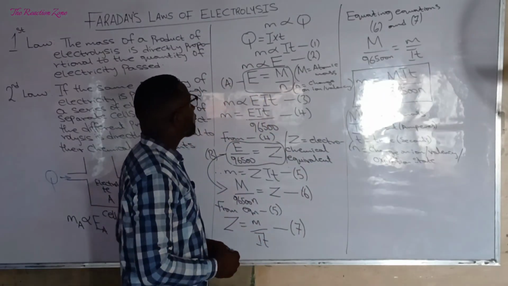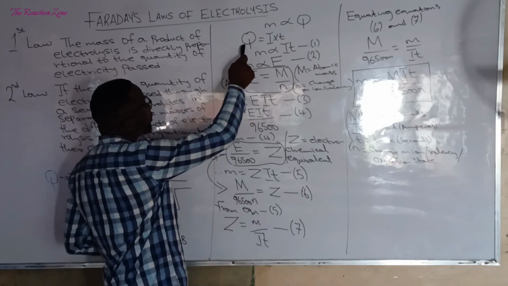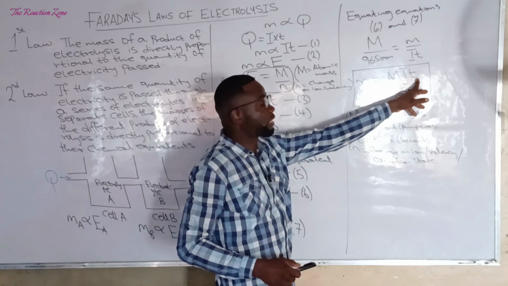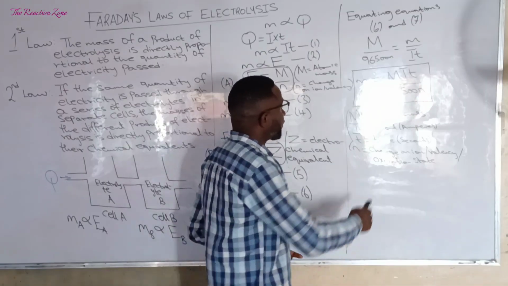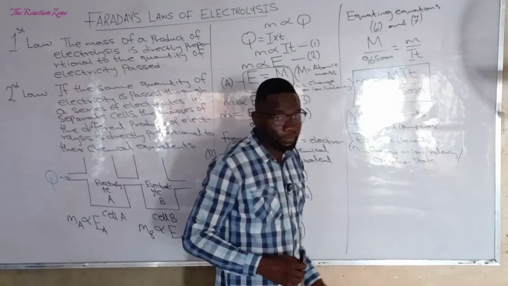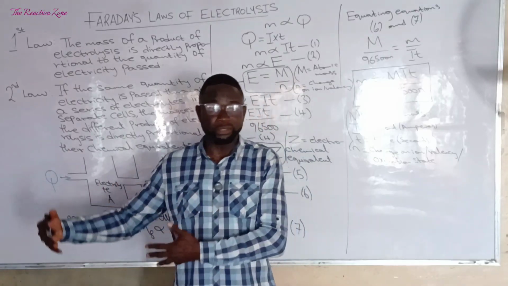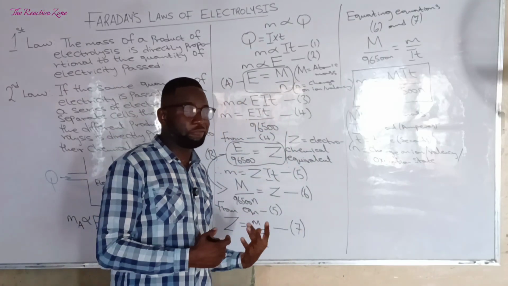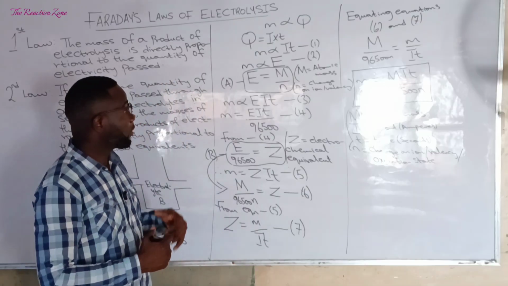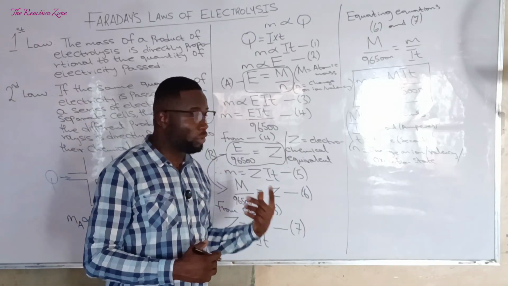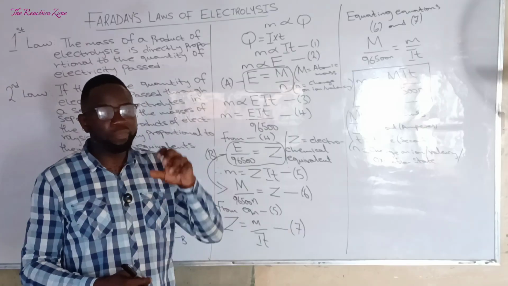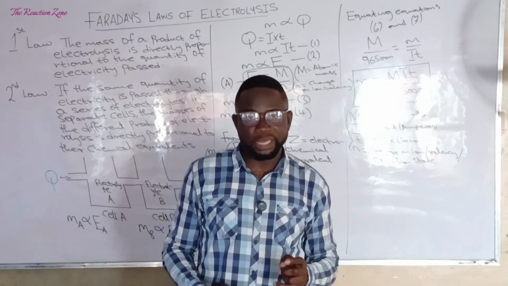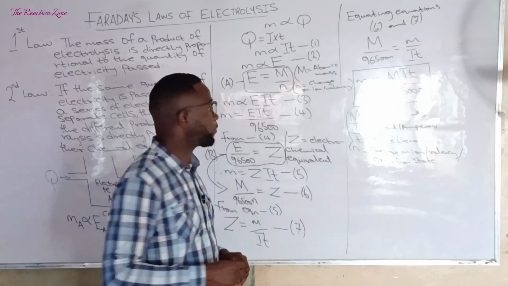Now, if we go back to this point here, remember that Q is equal to IT. So it means I can replace this IT here with capital Q. And like I said, 96,500 is the value of 1 Faraday, which I have already mentioned before. And I have told you that 96,500 coulombs, which is 1 Faraday, simply refers to the quantity of charge present in 1 mole of an electron.